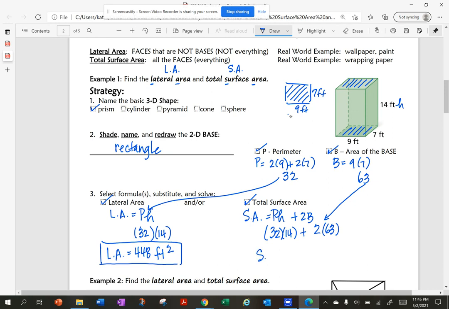So my total surface area is 574 feet squared. There we go. So I'm going to start by naming my 3D solid, shade, name, and redraw the base, collect the formulas that I need, and then if I need perimeter and area, I'll calculate those.